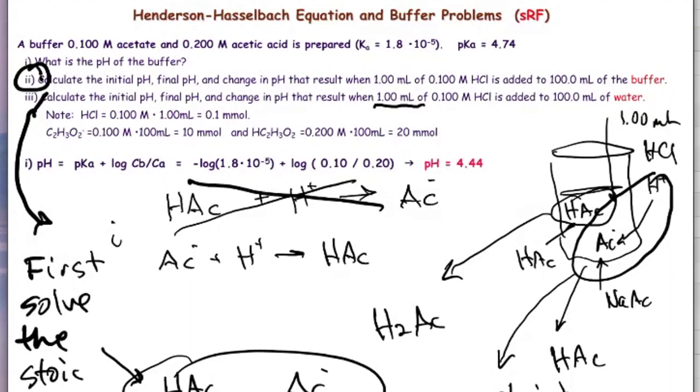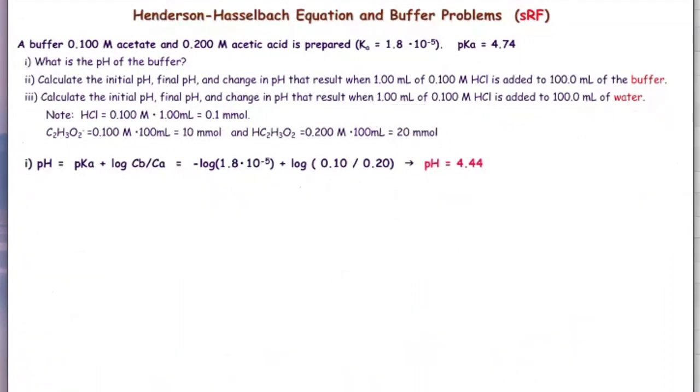Remember this picture. You have a beaker of water, you've got acetic acid in here, you've got acetate ion in here, you're adding hydrochloric acid in here. The hydrochloric acid is going to attack the acetate ion. So this is what's going to happen: acetate ion plus hydrogen ion goes to acetic acid.